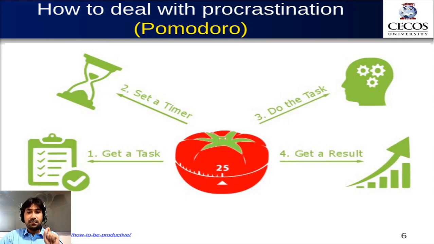For example, your Facebook account, your Twitter account, even watching your emails, your WhatsApp messages, playing games, watching YouTube videos, surfing the internet. All these things must be shut down while you are focusing on something very interesting. So it is better to switch off your smartphone and then focus on what you are trying to learn.